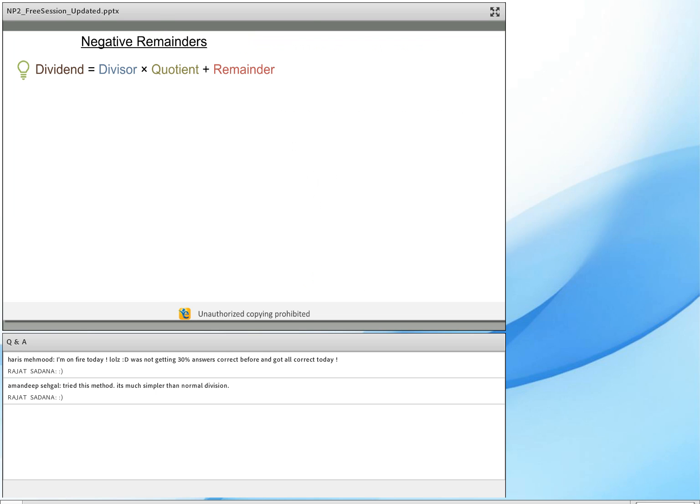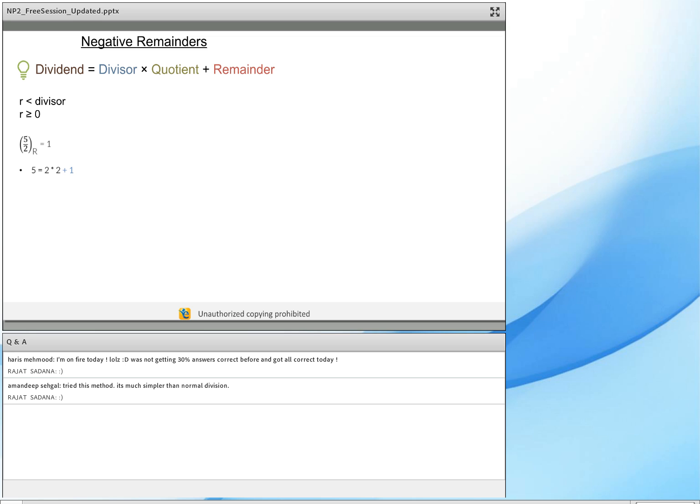Now we're going to look at a concept which we call negative remainders. So what's the concept of negative remainders? What we know is that the remainder has to be less than the divisor. And the second thing that we know is the remainder always has to be positive. When you think about 5 by 2, you can really say, hey, 5 by 2 has a remainder of 1.